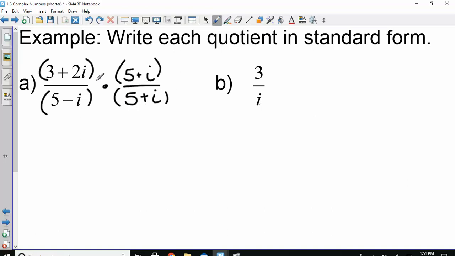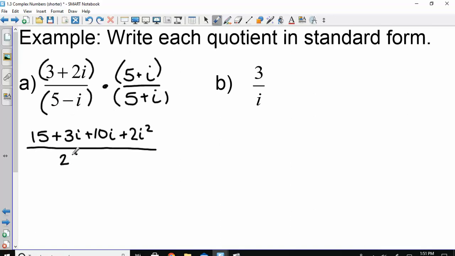When you multiply fractions, you multiply the tops, you multiply the bottoms. We have to FOIL here. So 3 times 5 is 15, plus 3i, plus 10i, plus 2i squared. On the bottom, we get 25. The outside and inside cancel because they're conjugates, positive 5i, negative 5i.